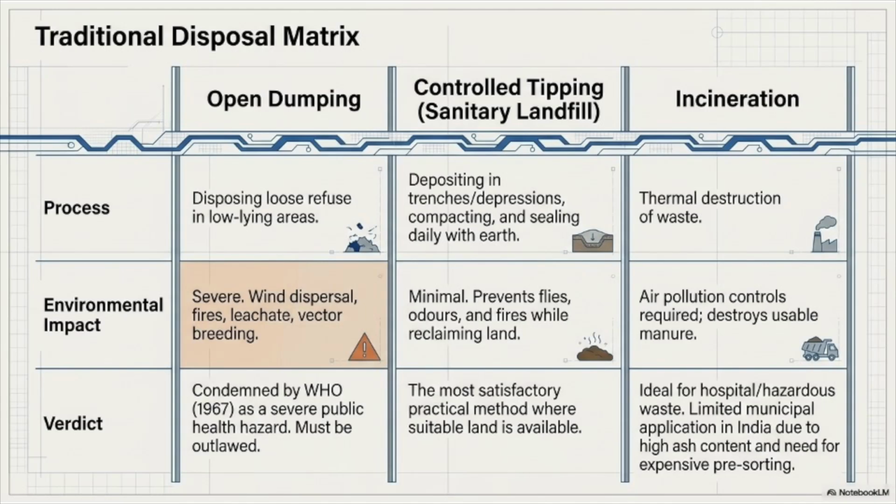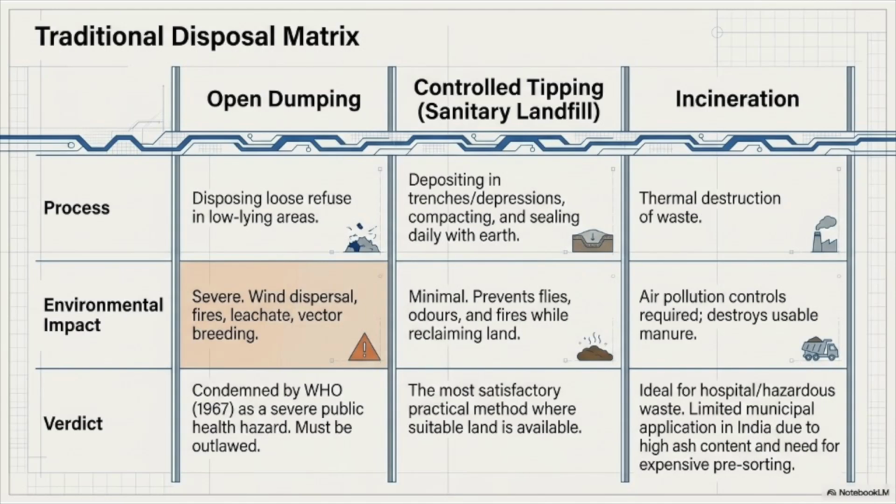Controlled tipping, also known as sanitary landfill, involves depositing waste in trenches or depressions, compacting it and sealing it daily with earth. Its environmental impact is minimal since it prevents flies, odors, and fires while reclaiming land, making it the most satisfactory practical method where suitable land is available.